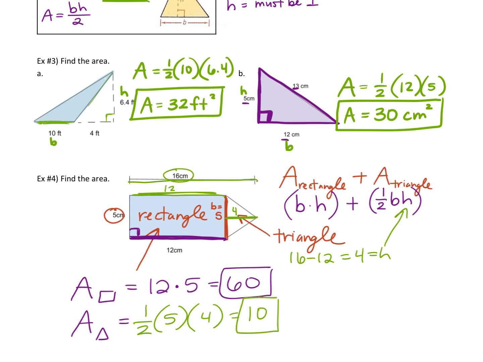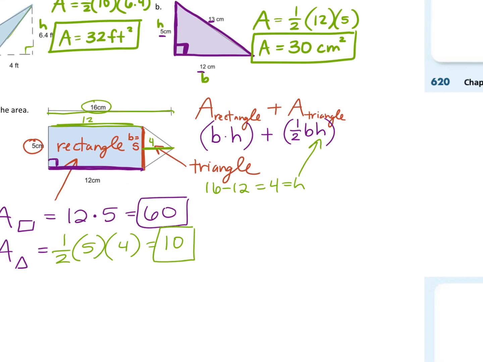So what is the area of that figure? Add them together. 60 plus 10. So 70 what? Centimeters squared. It's an area, so square centimeters. Okay? Does that make sense?